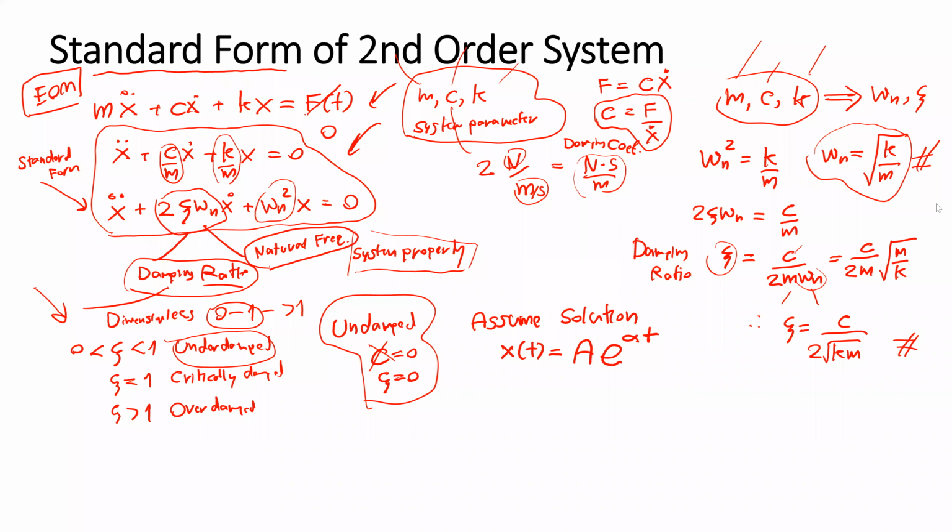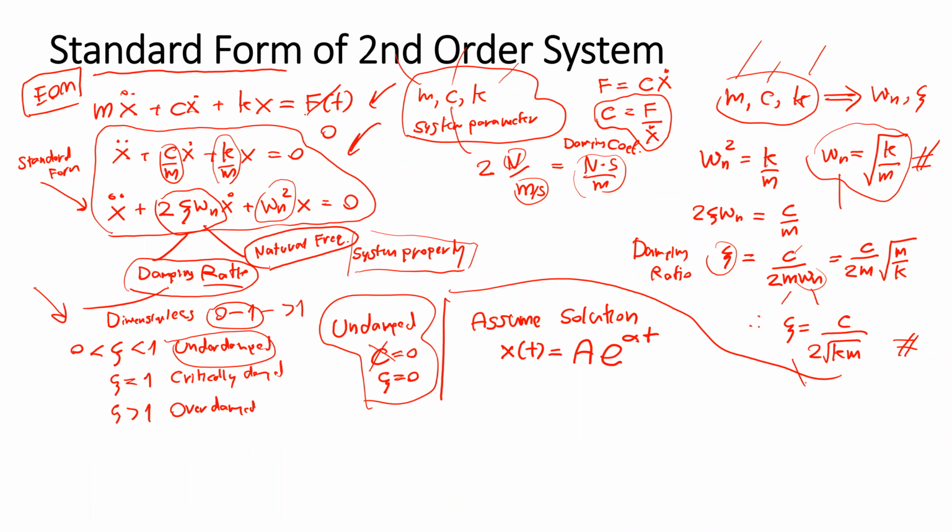Okay, so before this, what we know is if we know the system parameters m, c, k, we can derive the natural frequency and derive the damping ratio.